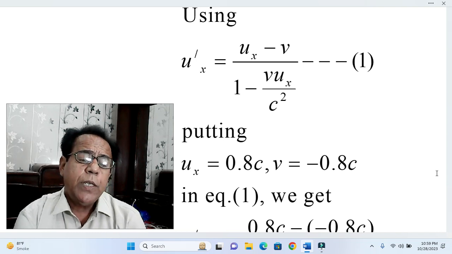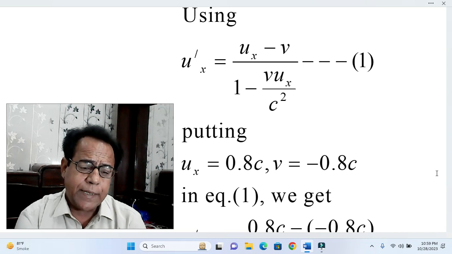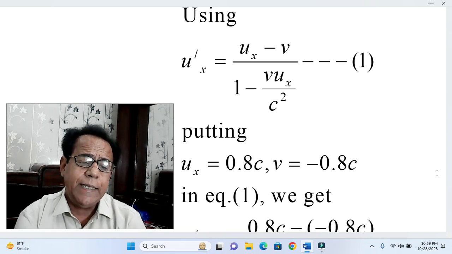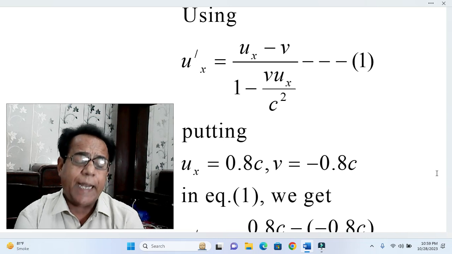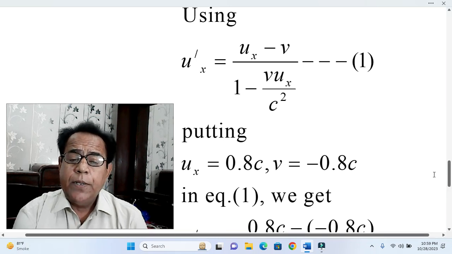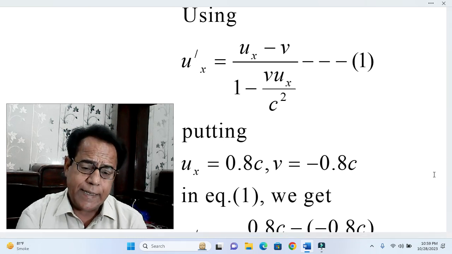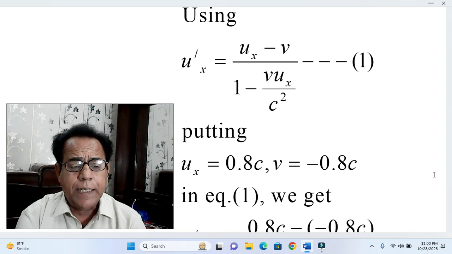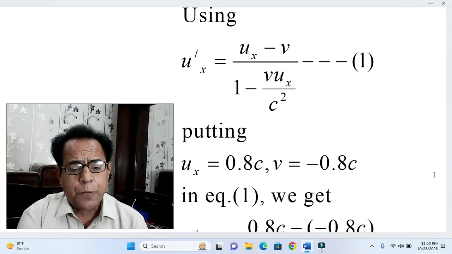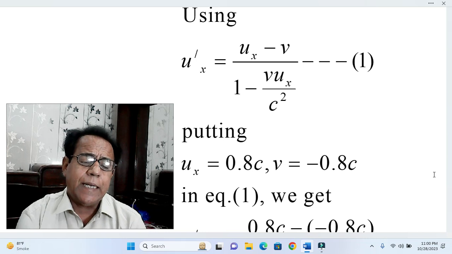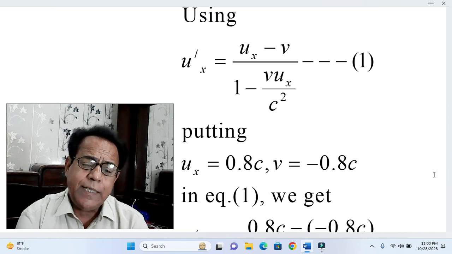As per the given situation in the statement, we can easily decide that the value of ux is 0.8 c, which is provided in the statement, and the value of v will be the same speed in the opposite direction, that is v equal to minus 0.8 c.